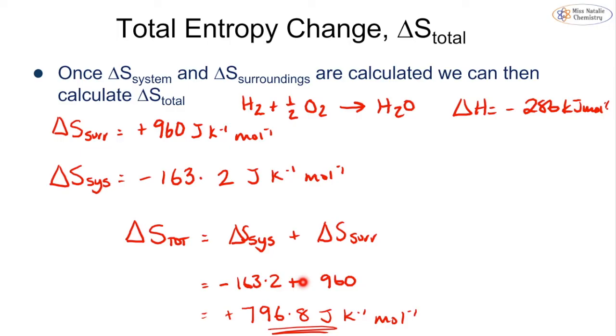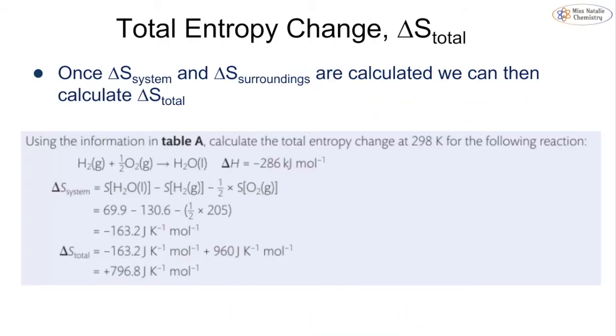Now, this is a typical exam question where they will break it down potentially into a structured calculation and ask you to calculate the entropy of system, the entropy of surroundings, and then calculate the total entropy. And you would then be asked to comment on that total entropy, which we'll touch on a little bit later. So there you can see that we've got the same answer.